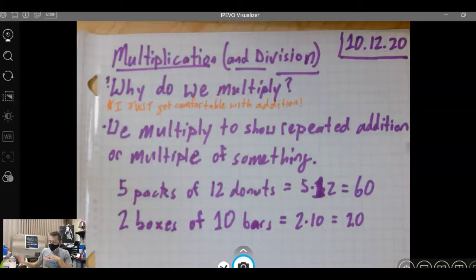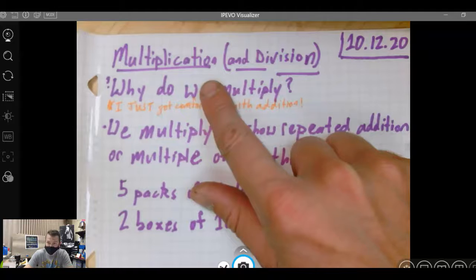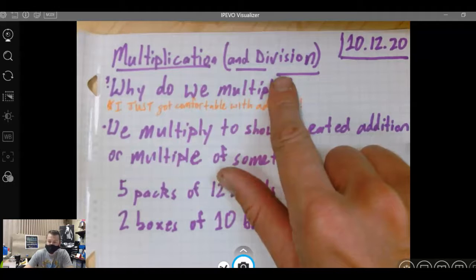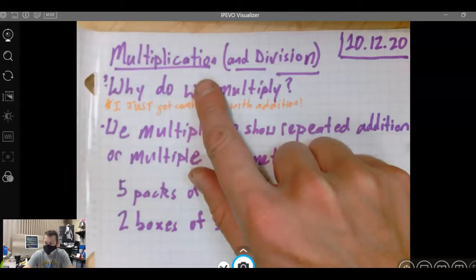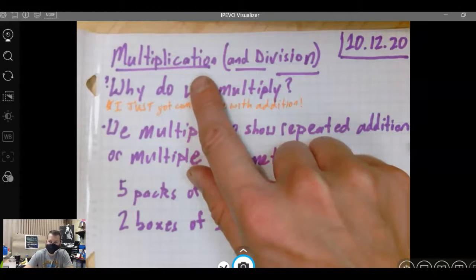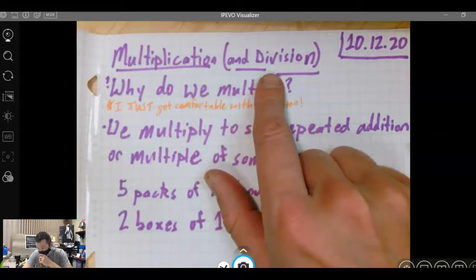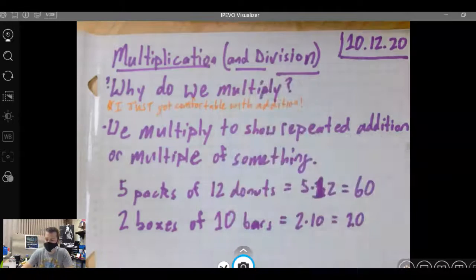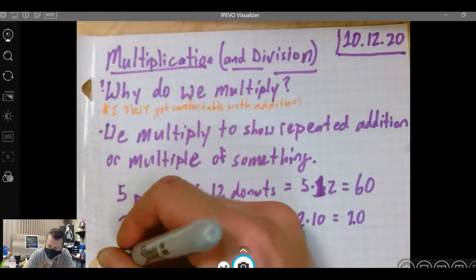So division is essentially multiplication. Division is just multiplying to split something up. So we use multiplication or division interchangeably. So what if we bought a pizza that was 8 slices, right? A normal large pizza, I think, is 8 slices. And I ate half of it.